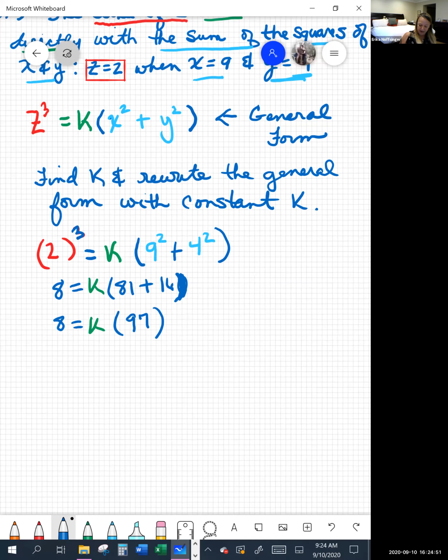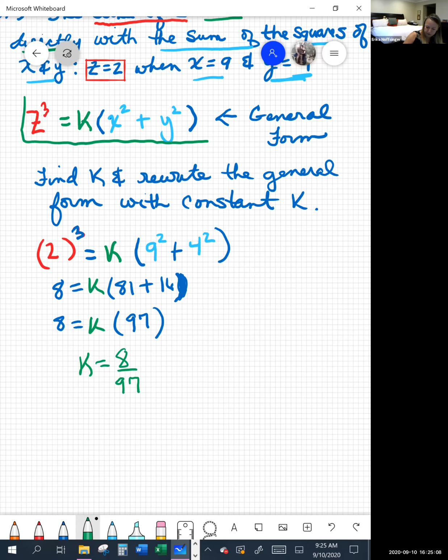So to get K by itself, we're going to divide both sides by 97. So K is equal to this 8 on the other side divided by 97. So we're going to take this general form, and leave the variables in there except for K. We're just going to plug in that 8 over 97.